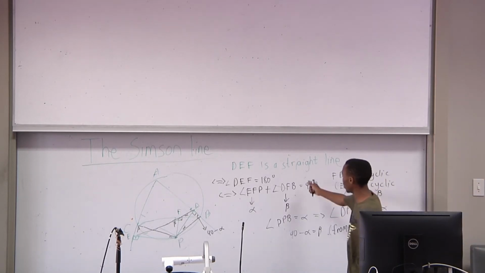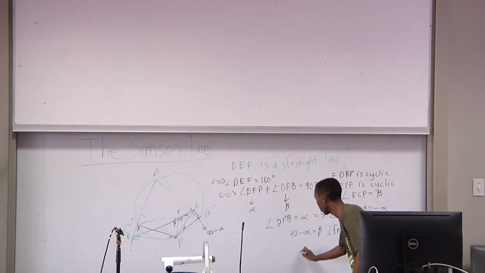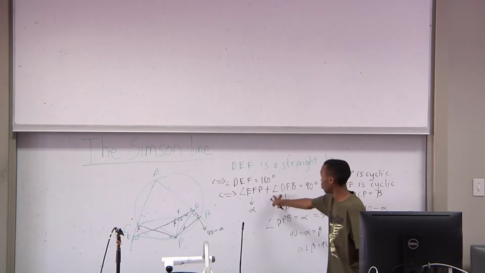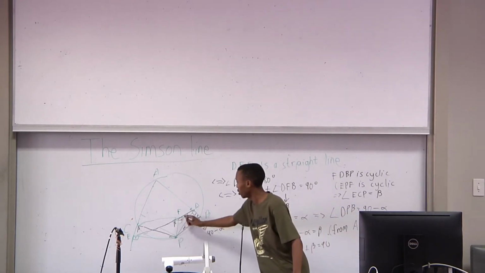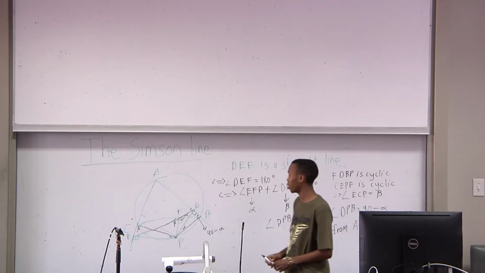And that's exactly what we wanted to prove, because if you take that to the other side, we have alpha plus beta is 90. And therefore that holds. And so that's 180 degrees, and therefore they do lie in a straight line.